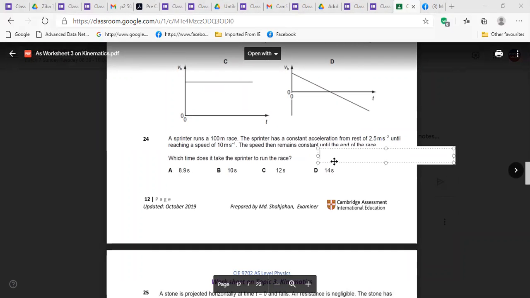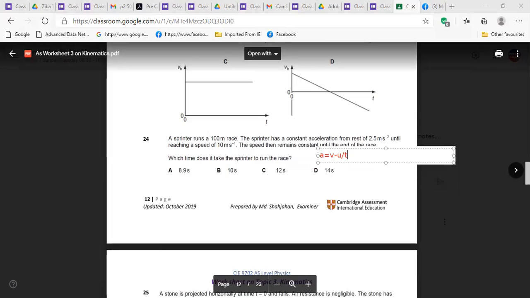Okay, I'm writing it: A equals V minus U divided by T. So they are asking you to find time, right? Yes, sir.